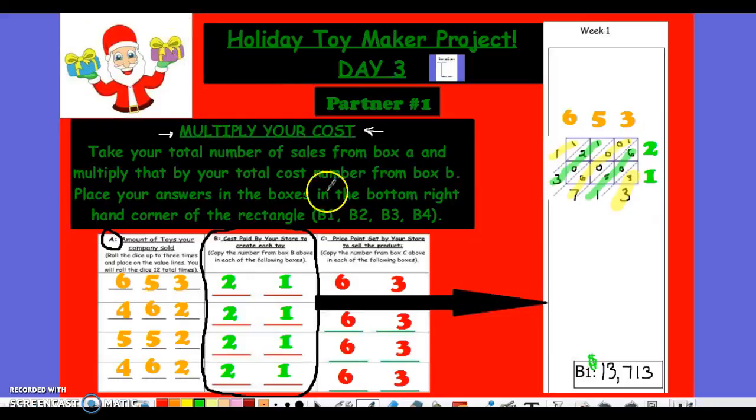If you go back to my original example, if I'm looking at the first week of sales, I said during part 2 that I sold 653 toys, and we also know that the place that is helping us make the toy is charging us $21 per toy. So I take that information and I place it in the rectangular box just like I showed you, and I put it in lattice.